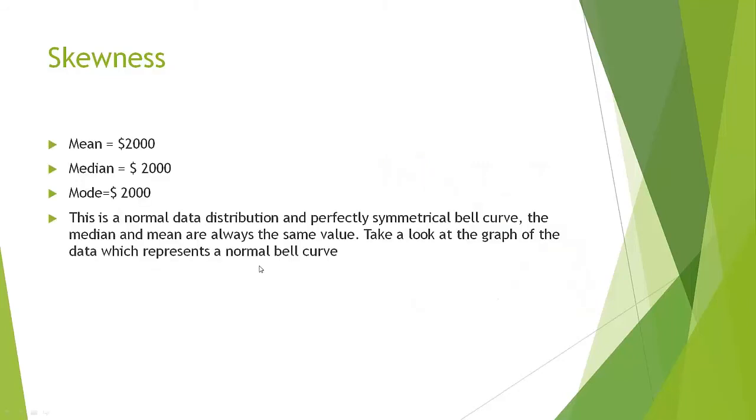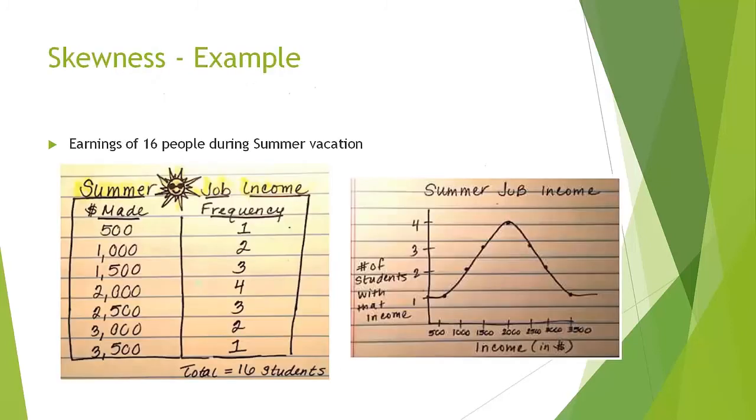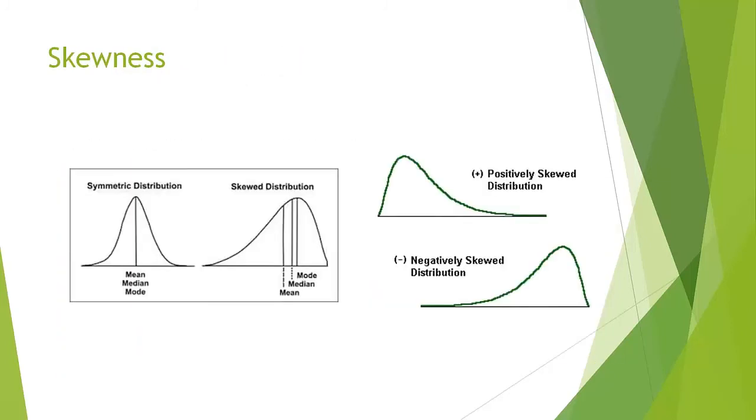Okay, this is a measure of symmetry. So what we are seeing is the measures of symmetry, positive skewness and negative skewness, and what they mean. If it is positive skewness, it means the mean is greater than the median. If you consider the median to be here, the mean will be on the other side.